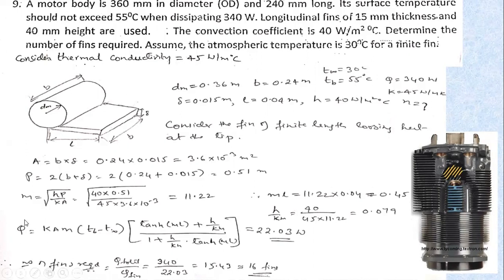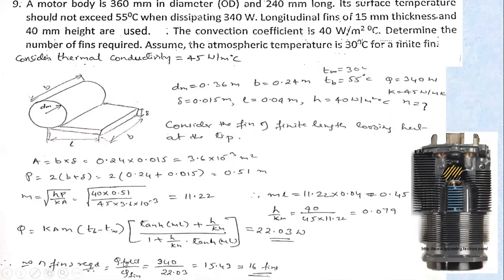Now substitute in the Q. Whatever Q we get is the rate of heat transfer from a single fin. So how much heat is dissipated by a single fin? It is 22 watts. But we need 340 watts to be dissipated. So we need to find how many fins to be used.